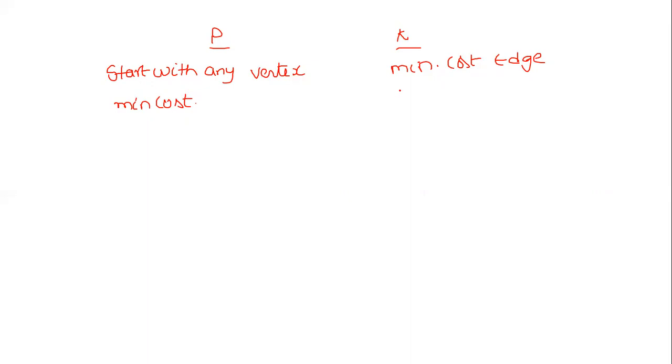Here we take the next minimum cost edge. One more difference is that Prim's algorithm only works for connected graphs. It will not work for disconnected components, whereas Kruskal's algorithm works on disconnected components also.